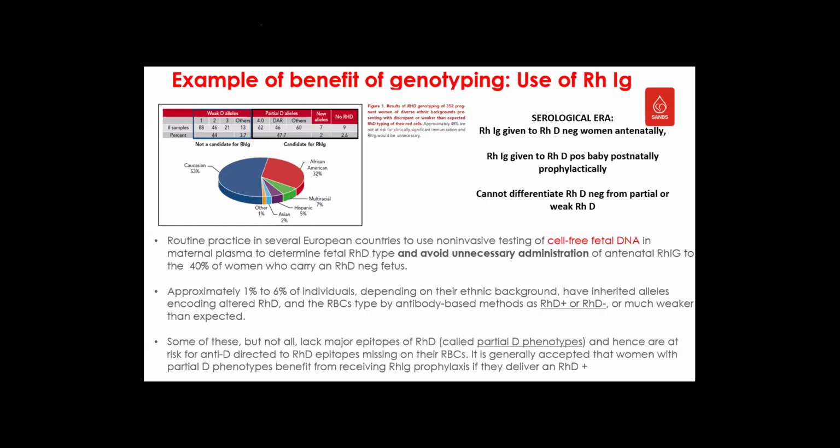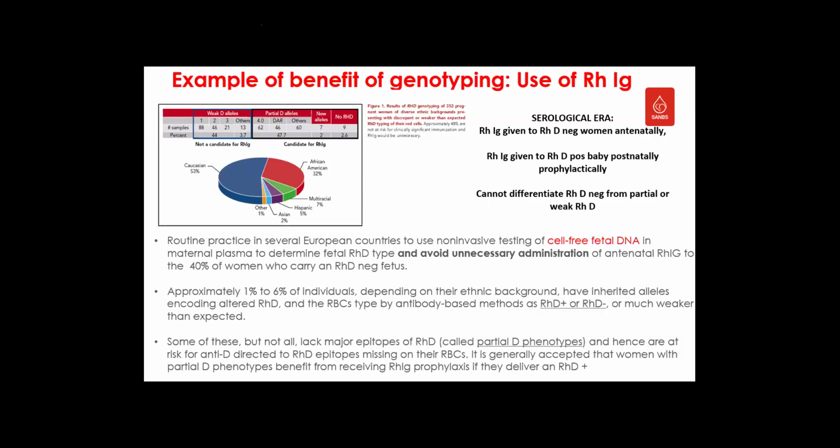So that is obviously a nice thing to have, and I do think this would be a nice project for us in the blood service to do, to start looking at non-invasive testing, cell-free fetal DNA. And then just coming back to those, it's quoted. So this is a study again from Professor Connie Westhoff, where she gave the results of about 350 women.